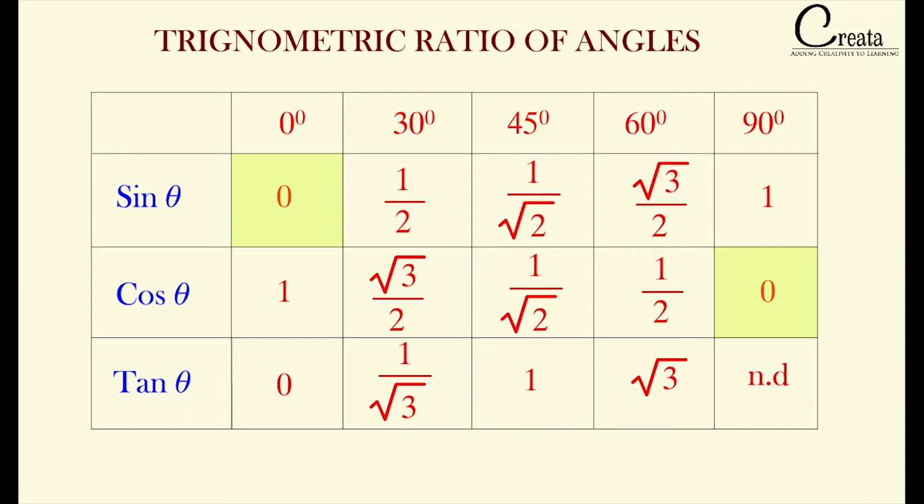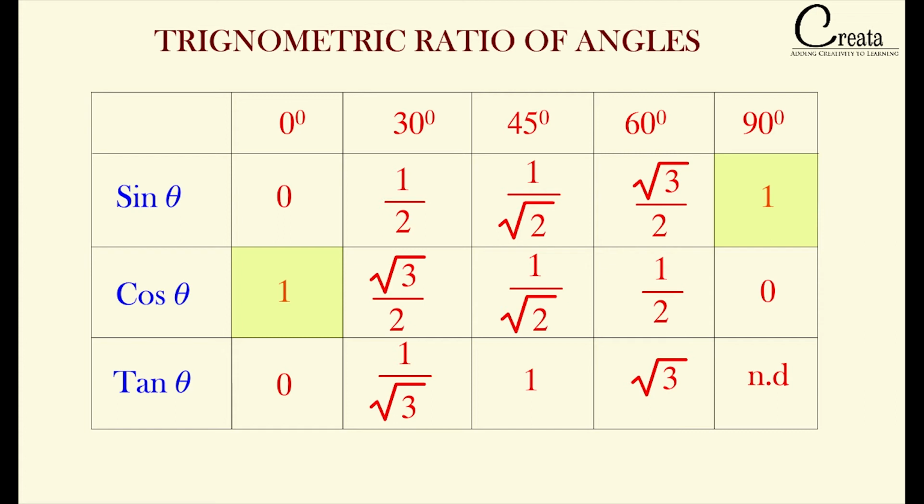As we move from sine 0 degree to sine 90 degree, cos moves from cos 90 to cos 0 degree. Got the point? Sine 0 is equal to cos 90, sine 30 is equal to cos 60, sine 45 is equal to cos 45, sine 60 is equal to cos 30 and sine 90 is equal to cos 0.